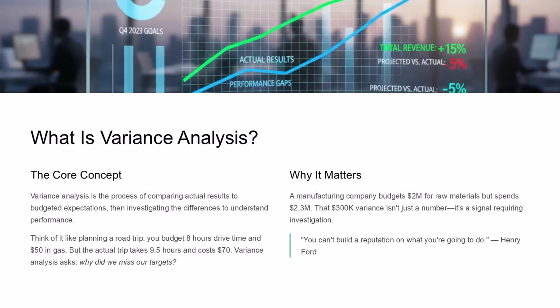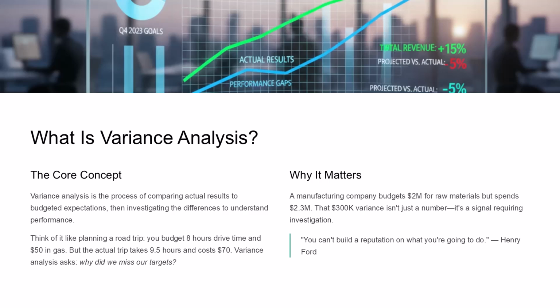Maybe the purchasing manager got a better deal, but production wasted it. Each of those scenarios requires a different response, a different conversation, a different corrective action. That's why Henry Ford once said, "You can't build a reputation on what you're going to do." Variance analysis keeps you honest. It forces you to confront the gap between intention and execution.